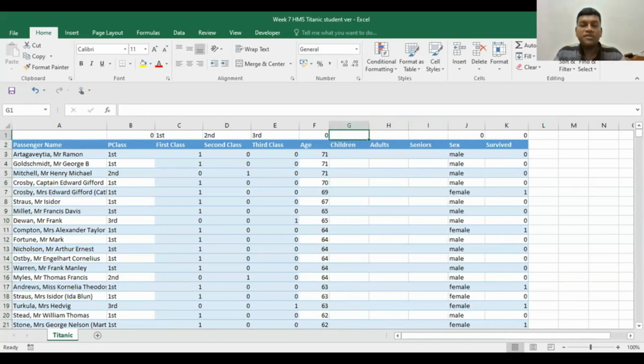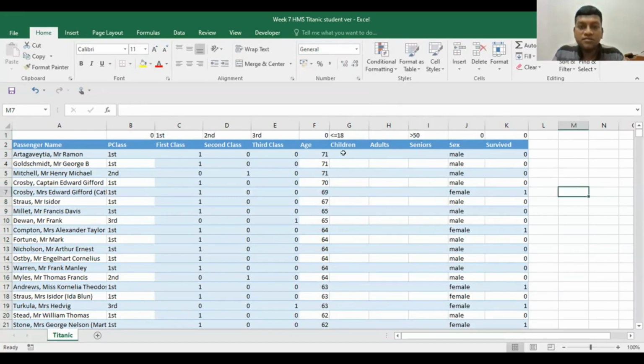So children are less than or equal to 18. Seniors are above 50. That is greater than 50.